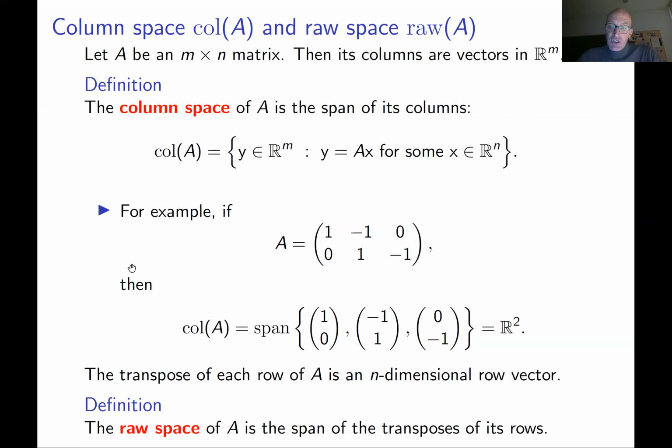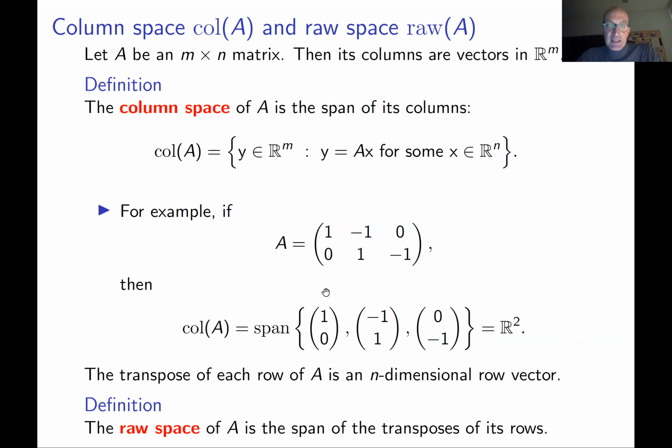So by definition, the row space of a matrix is the span of the transposes of its rows. You can think of them as rows, but let's consider all vectors as columns. So you take all the rows of the matrix, you transpose them, basically you rotate them by pi over 2, you get columns of the transposed matrix, and then you take the span of these vectors.